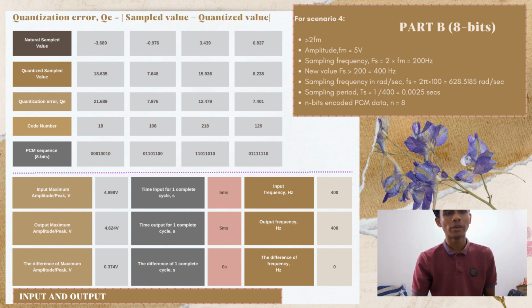The difference of the maximum amplitude that we get is 0.374 volt. Also the time for 1 complete cycle remains the same between the input and output, which is 5 milliseconds, so there's no difference. The same goes for the input frequency and output frequency, also the same 400 Hz, and there is no difference of frequency.